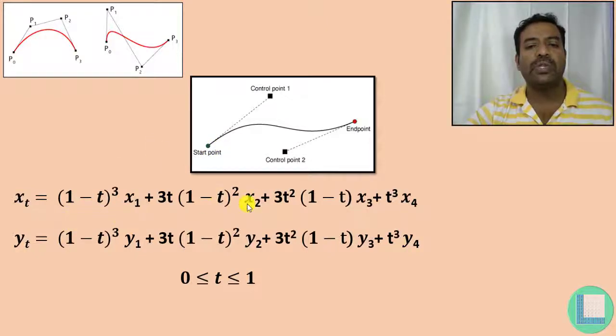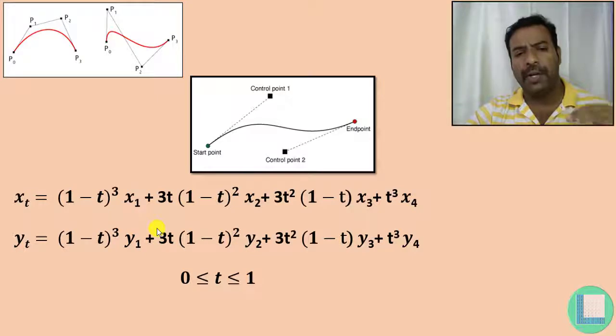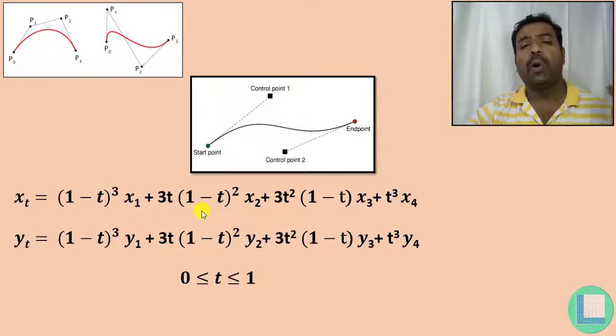Next I have the point P2, which is x2 and y2, the third point x3 and y3, and the fourth point x4 and y4. I will not go in depth into exactly how this equation has been derived, but you need to remember these 2 equations, as we'll be using them in our programming whenever I want to form a curve.